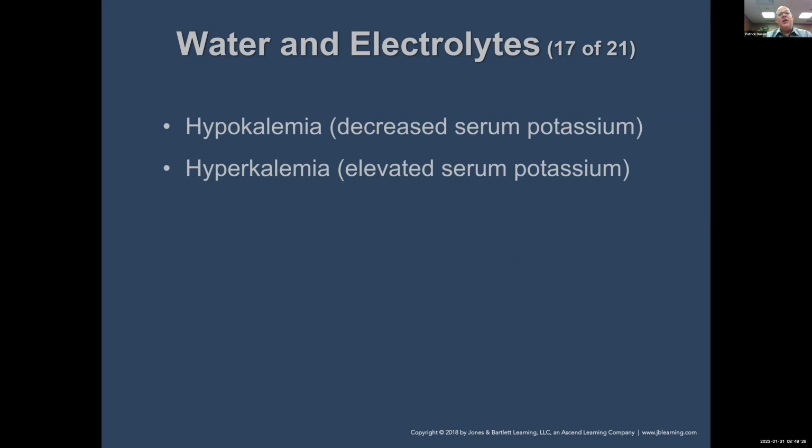So the basic terminology or definitions for hypo and hyperkalemia: again, hypo, low calcium; hyperkalemia, high potassium. So did I say calcium? I didn't mean that. I said hypokalemia is low potassium, hyperkalemia is high potassium.